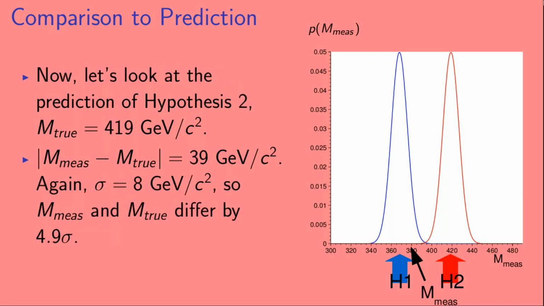Now let's look at the prediction of hypothesis 2, m true equals 419 GeV/c². Now the absolute value of m measured minus m true is equal to 39 GeV/c². And again, sigma is equal to 8 GeV/c², so m measured and m true differ by 4.9 sigma.